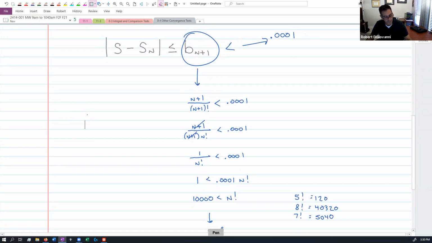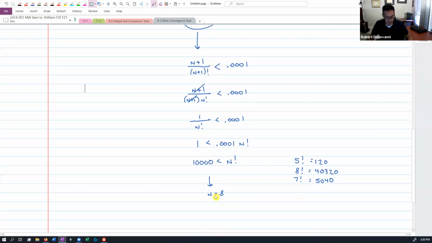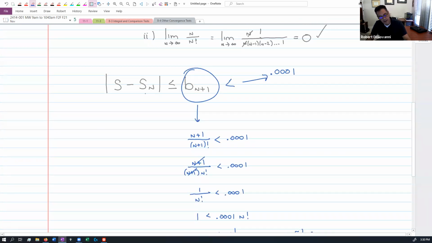We wanted the b, so yes, we want n to be 8. So that means that we want s of 8. If we did the partial sum out to the 8th term, that should be less than 0.001.